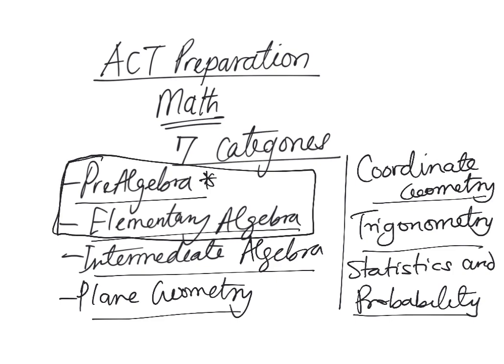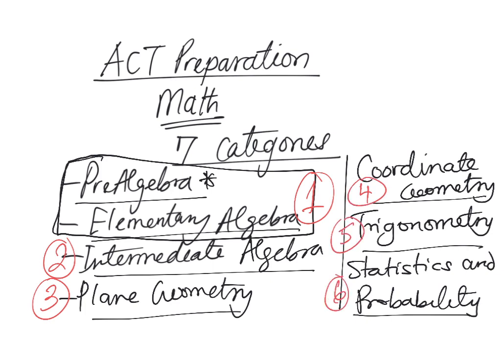And then week 2, you can focus on intermediate algebra, and then you have plane geometry, coordinate geometry, trigonometry, and statistics and probability. So this is one way you can tackle this exam, is to take your 6-week plan, and you basically spend extra time each week on each of these modules. At the end of 6 weeks, the goal is you should be comfortable with all the concepts on the exam.